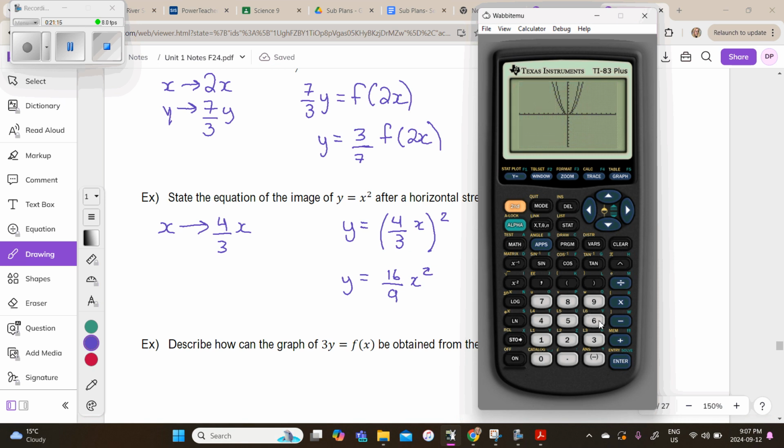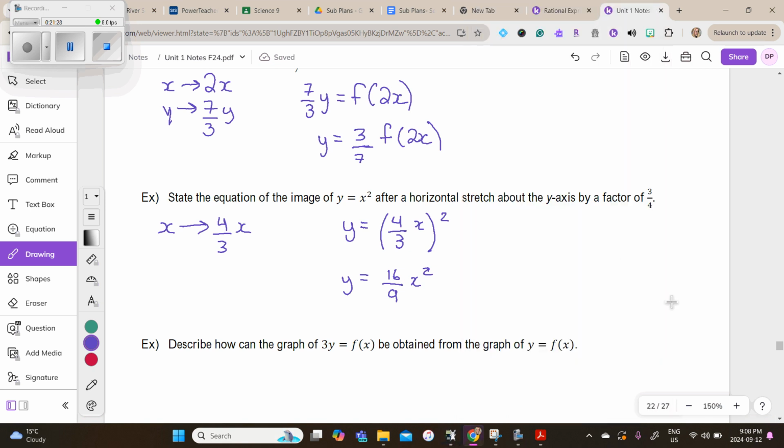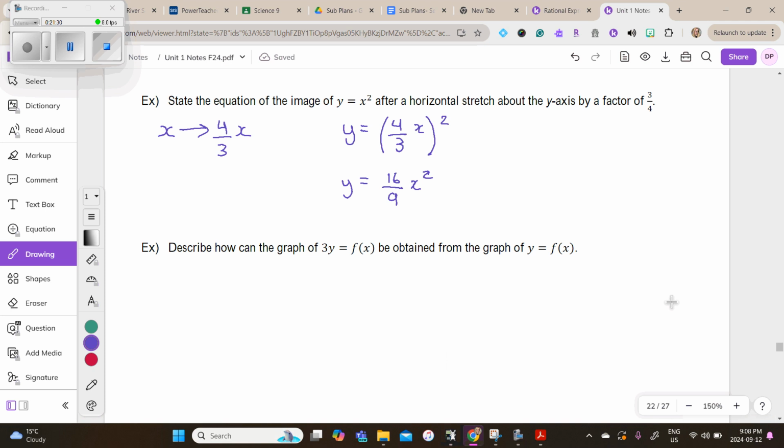Remember, 3 over 4 means it should be slightly narrower, and that's exactly what has happened. So I have likely done it correctly. Okay, next example. Let me box up my answer for the previous question. That is my new image.